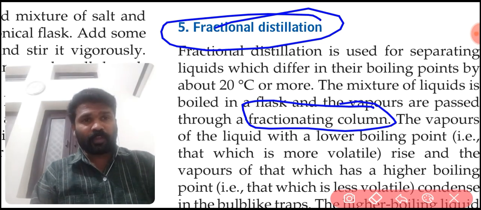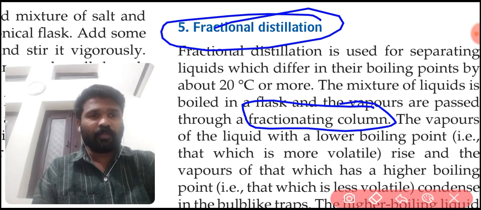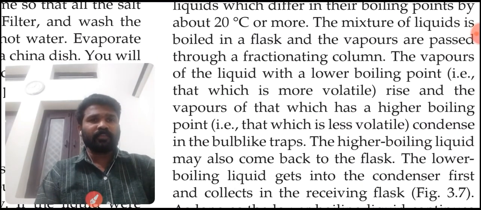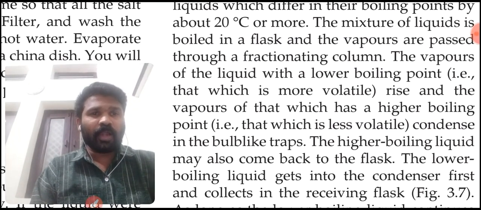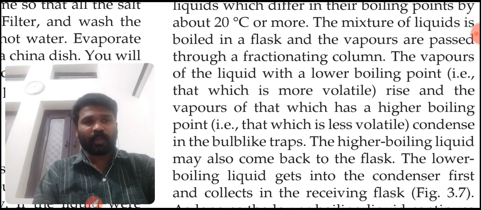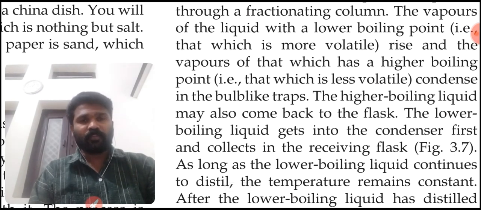The vapors of the liquid with a lower boiling point rise, and the vapors of that which has a higher boiling point condense in the bulb-like traps. The higher boiling liquid may also come back to the flask. The lower boiling liquid gets into condenser first and collects in the receiving flask.